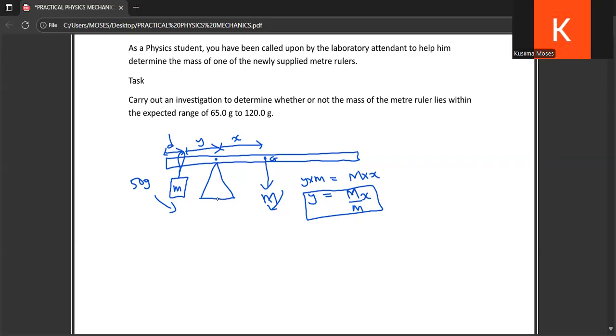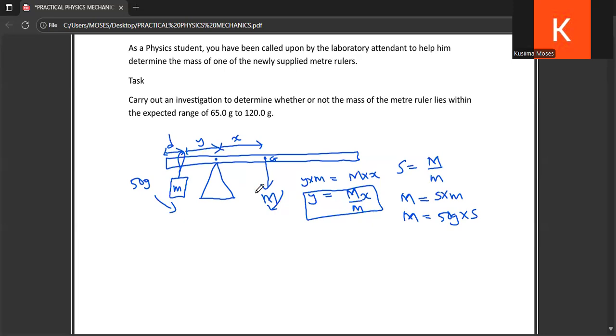So our slope S is going to equal capital M divided by small m. So capital M, the mass of the meter rule, is going to equal S times small m, then capital M equals 50 grams times S, because our small m is 50 grams. In this case we shall be able to come up with the mass of the meter rule.